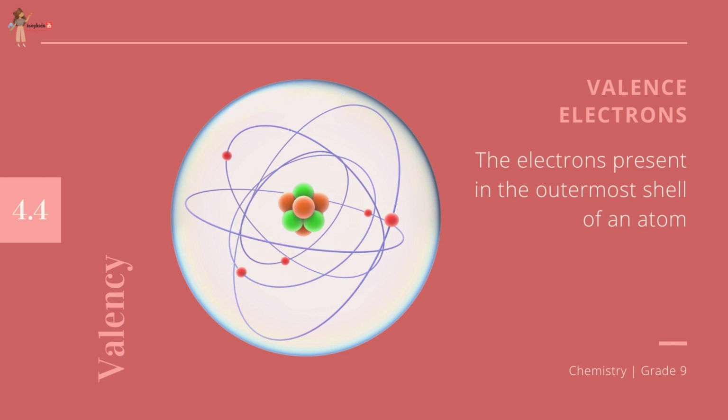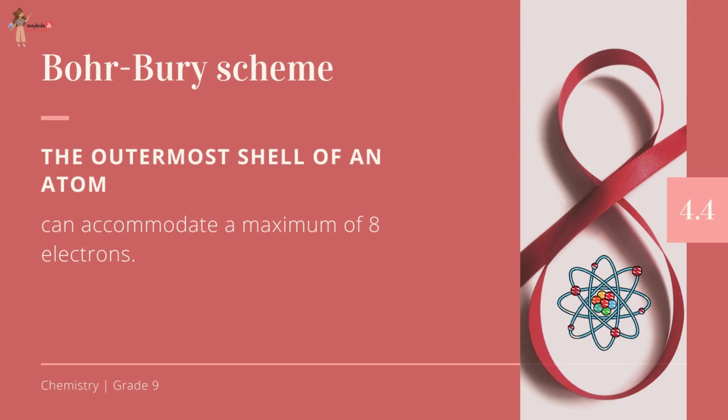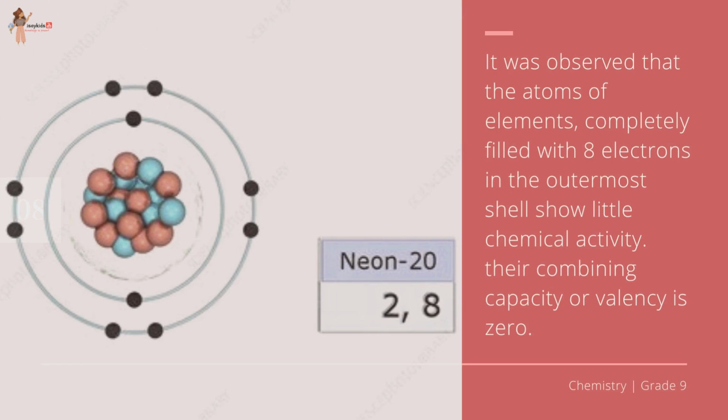Valency. The electrons present in the outermost shell of an atom are known as the valence electrons. From the Bohr-Bury scheme, we also know that the outermost shell of an atom can accommodate a maximum of 8 electrons.